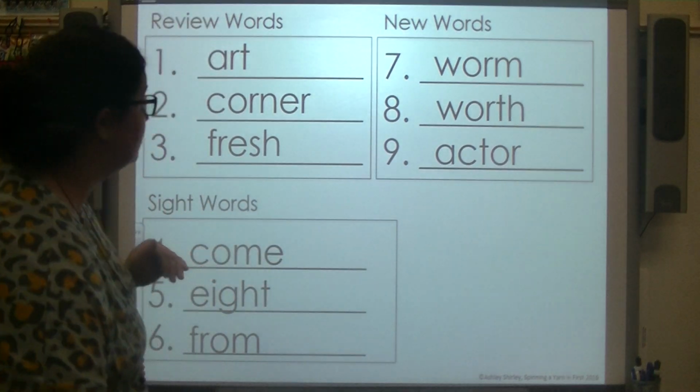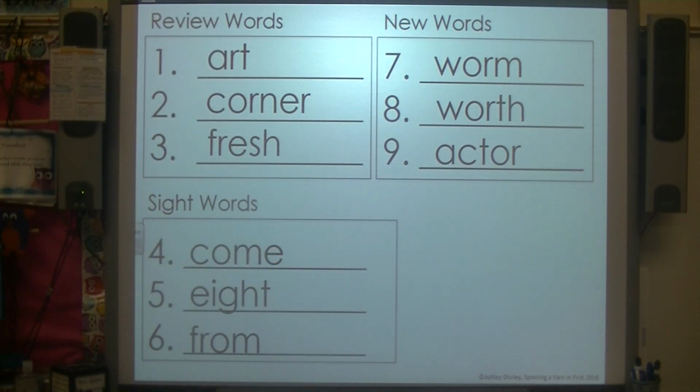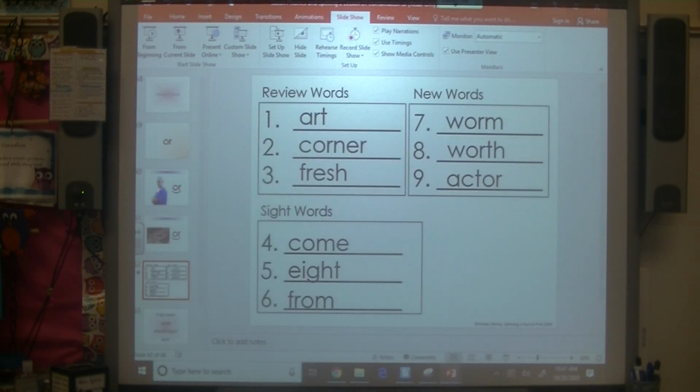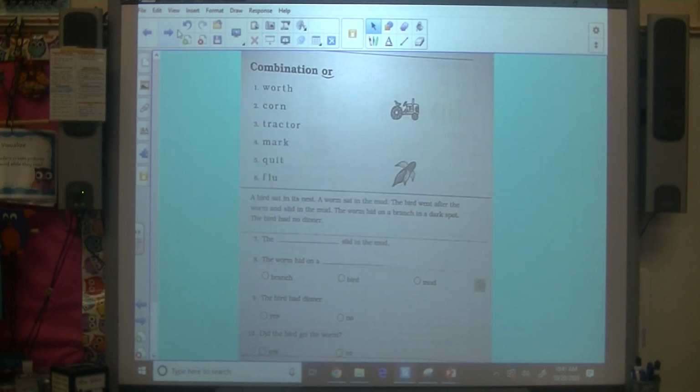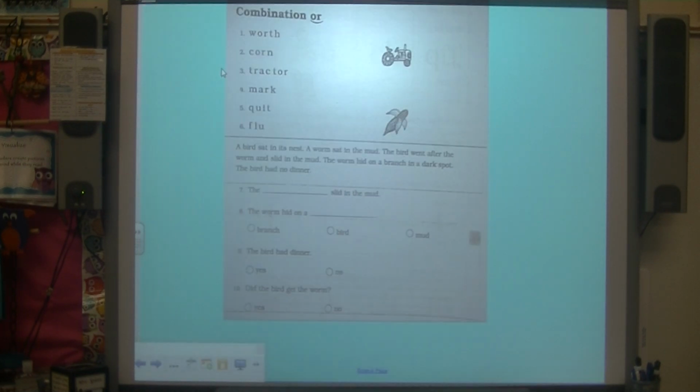So let's get ready to do our independent worksheet. You can turn the page. Combination O-R that is unaccented at the end of a 2-syllable word.